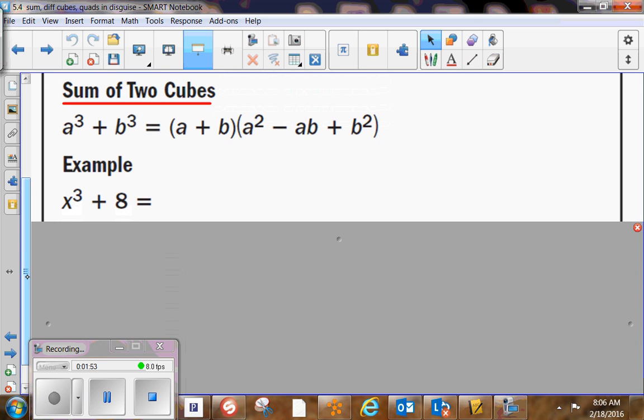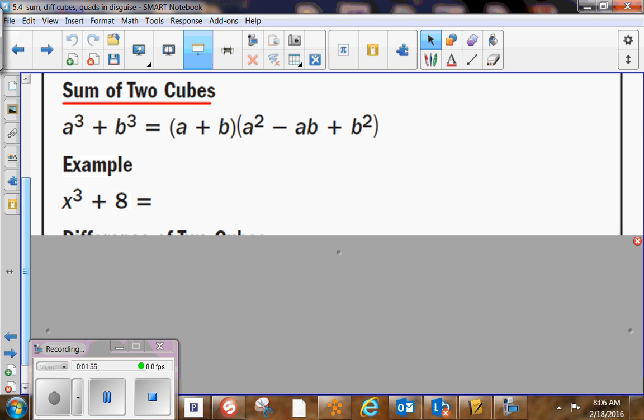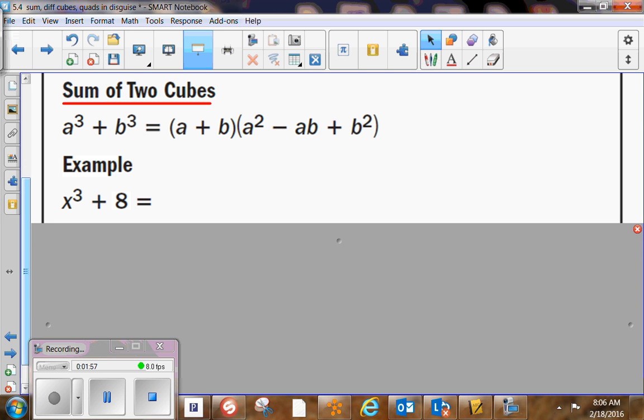Let's say we have x cubed plus 8. Now your brain is going to have a hard time because at first you're going to think, oh, 8's not anything special, but it is. It's a perfect cube because 2 times 2 times 2 is 8. So the first thing I need to do is write both of these as something cubed.